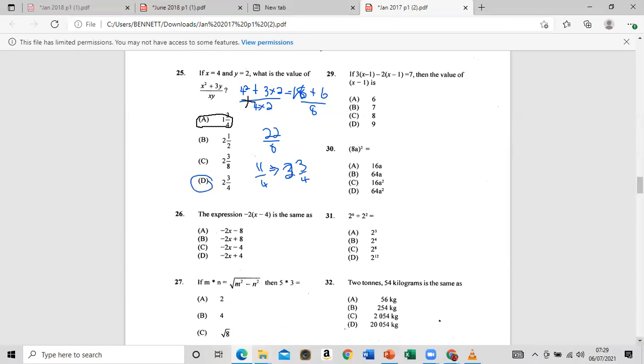The expression negative 2 bracket x minus 4 is the same as, so negative times x gives us negative 2x. Negative times a negative is positive. I'll write this one out, right? Some people work better by seeing it, so I'm just catering for everyone.